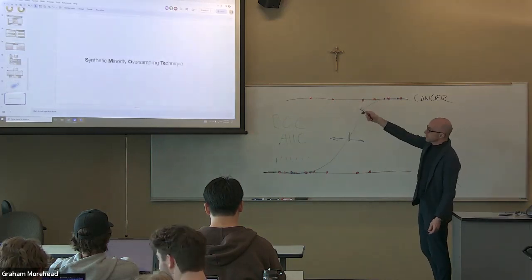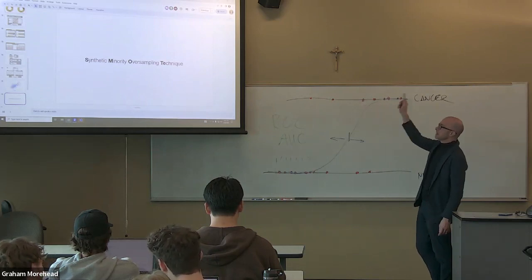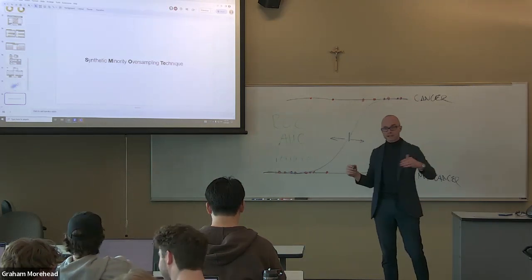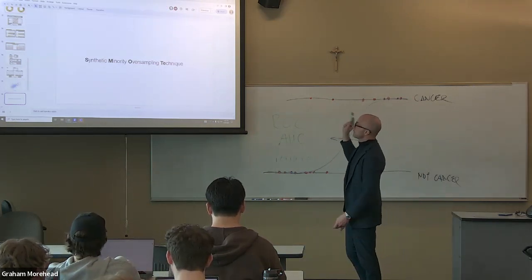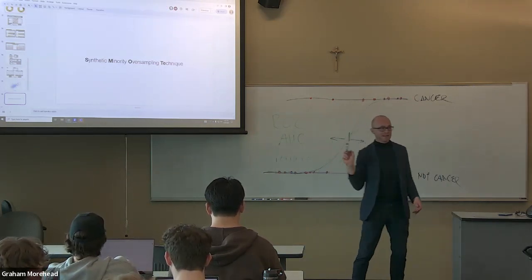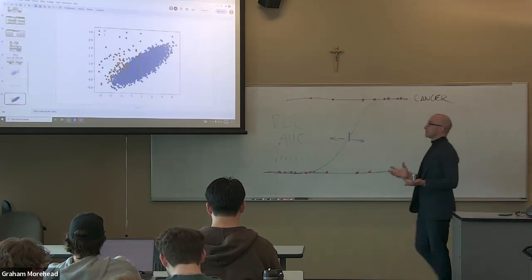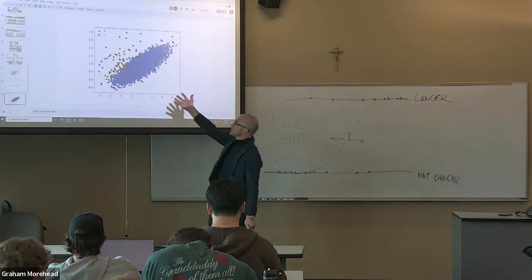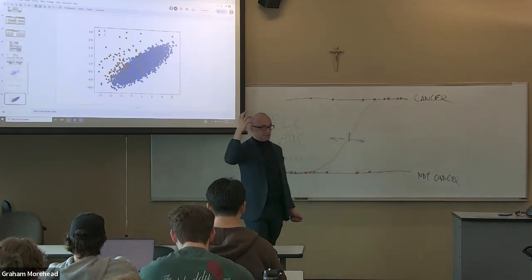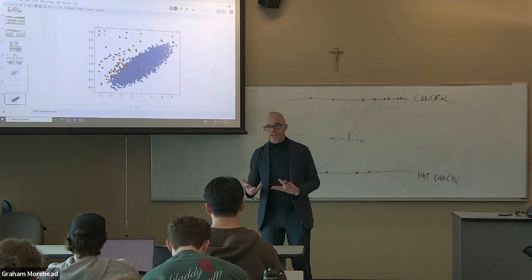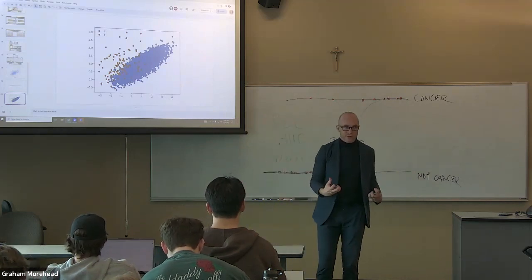SMOTE is one technique. Synthetic minority, meaning the fraud class is the minority class. Synthetic minority oversampling technique. So if we have some data set where it's mostly blue, there's not enough oranges to really build a good classifier. You want to get more oranges and fewer blues.